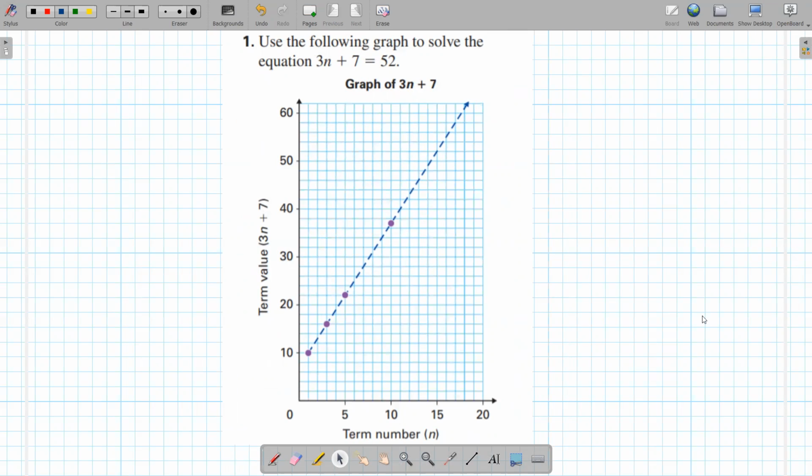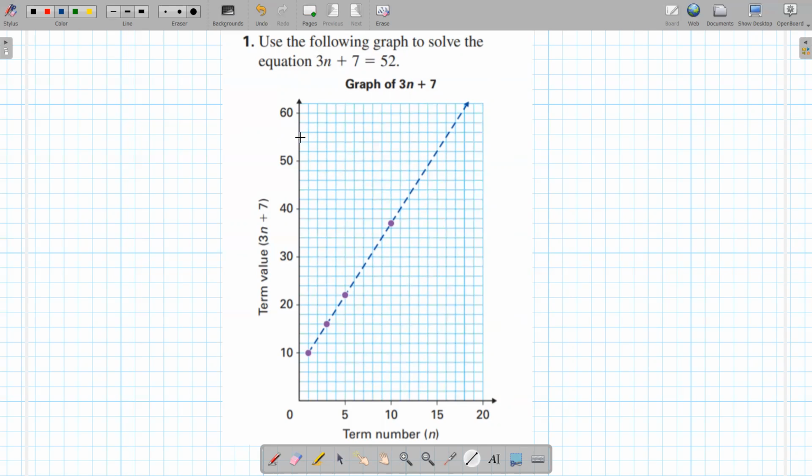You see this question on a test, how would you do it? You would just draw a line at 52.